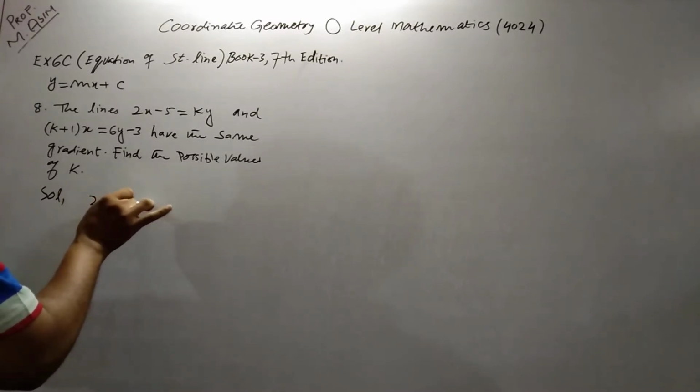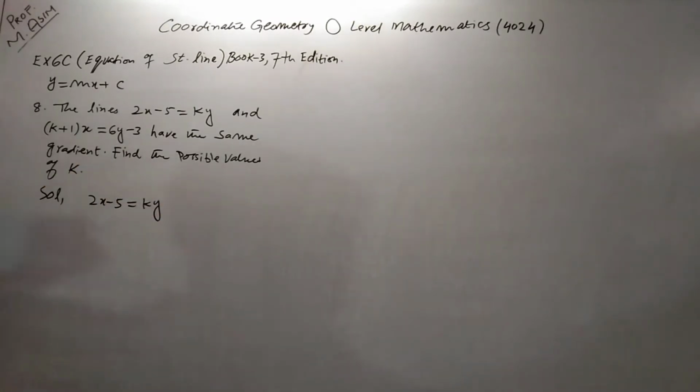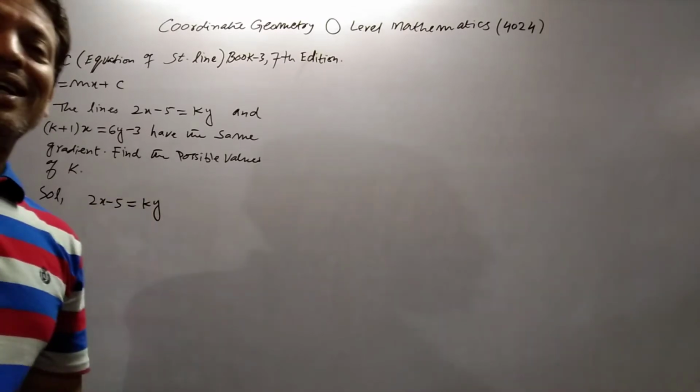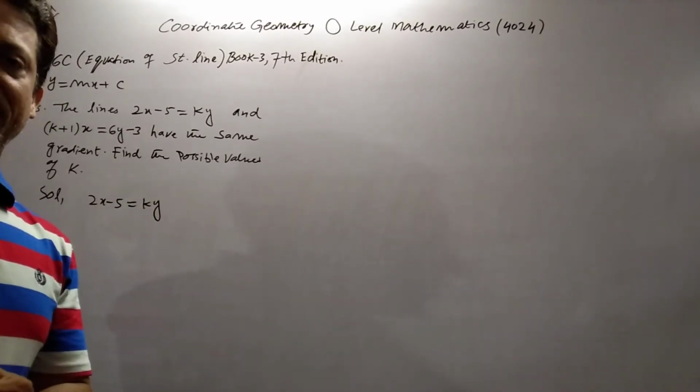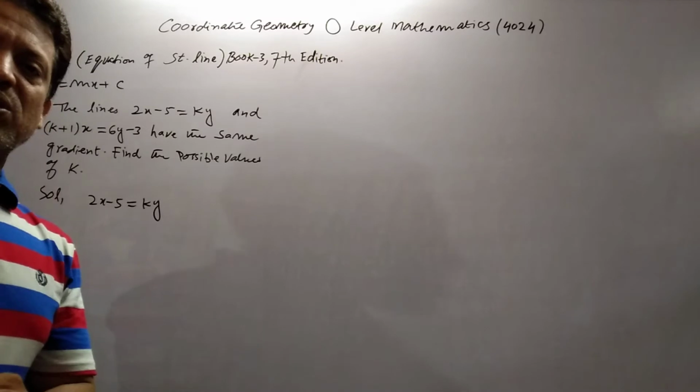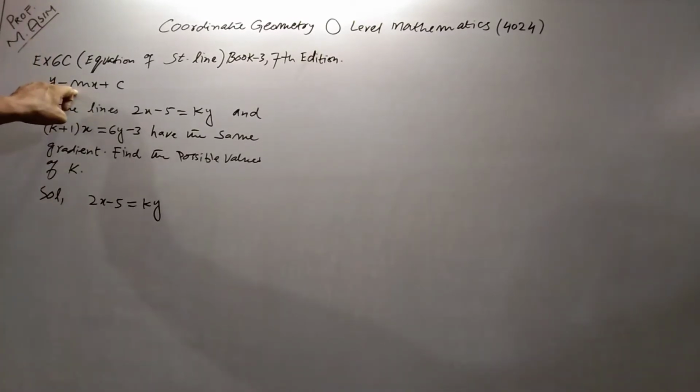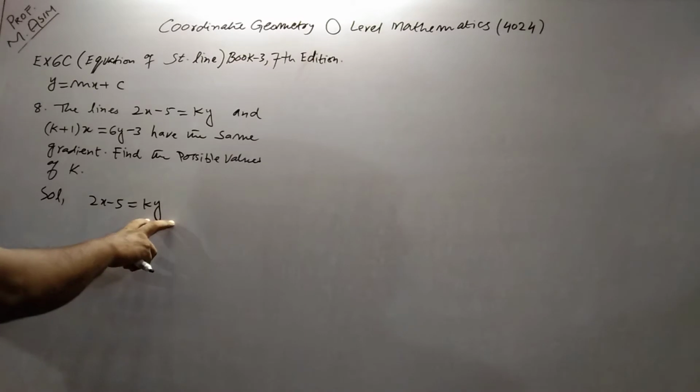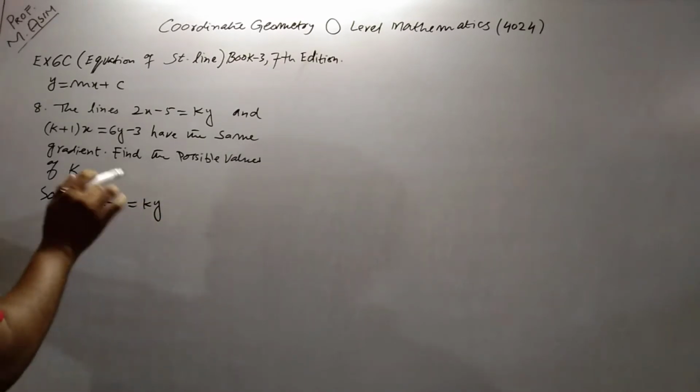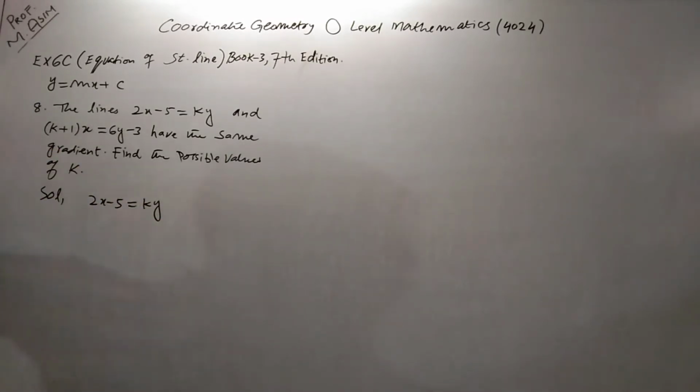First, take this equation, 2x minus 5y is equal to ky. Make this equation the standard equation of a straight line. What is the standard equation of a straight line? This is your standard equation, y is equal to mx plus c. So it means we have to make y the subject of the formula. y should be separated.